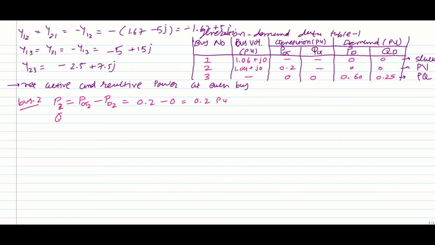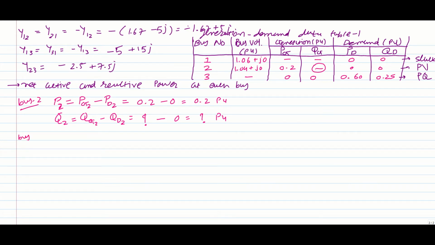Clear? Similarly, reactive power at bus number 2, which is Qg2 minus Qd2. Qg2, the reactive power generation, is not specified here, so I will write just a question mark because we need to calculate it for bus number 2, minus Qd2. Qd2 is 0, so here it is a question mark that we need to calculate in our step number 9. Okay.